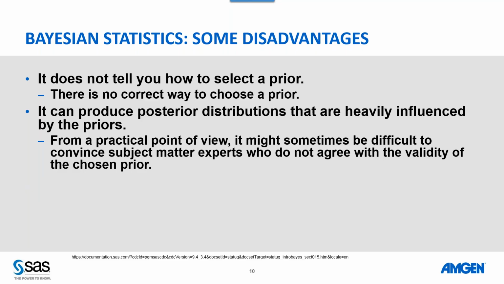I do think there is almost an obligation to do a sensitivity analysis in presenting your work, just not to show that if you get a different prior, you get a different posterior, which we know is a fact, because if you have a different prior, you will get a different posterior by the simple application of Bayes' theorem.